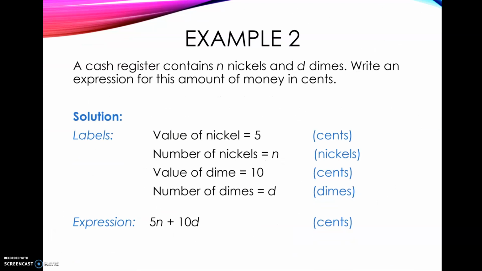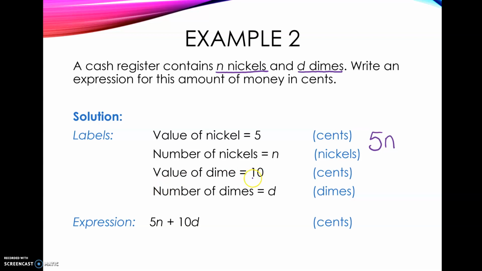Example 2 is entirely worked out for you. A cash register contains N nickels and D dimes. Write an expression for the amount of money in cents. So the value of a nickel is 5 cents, and there are N nickels. So if you take 5 times N, that's going to give you how much money you have in nickels. 5 cents per nickel, N nickels.